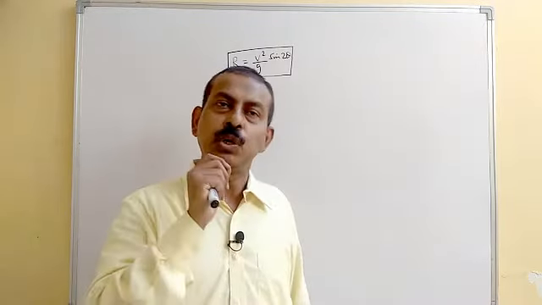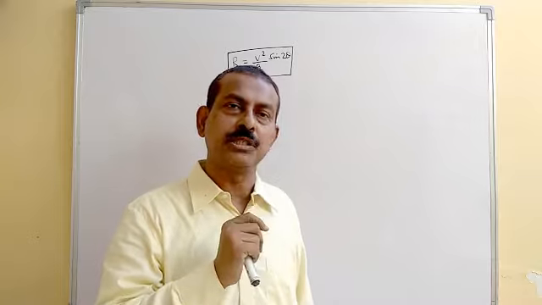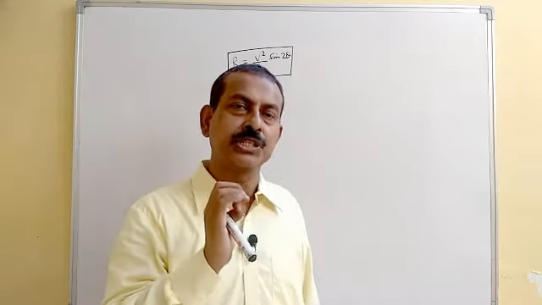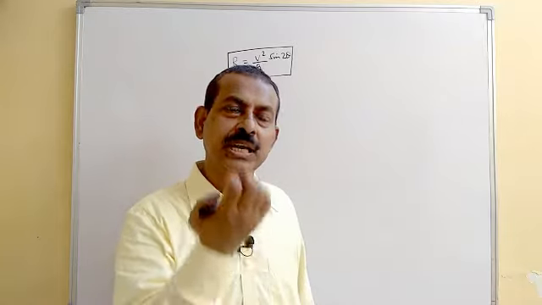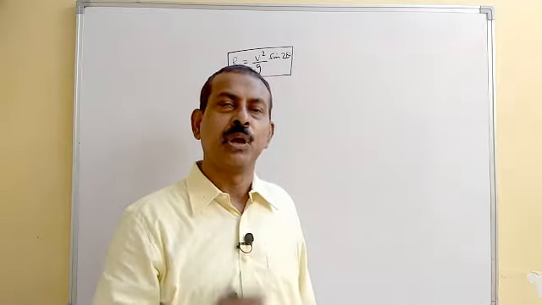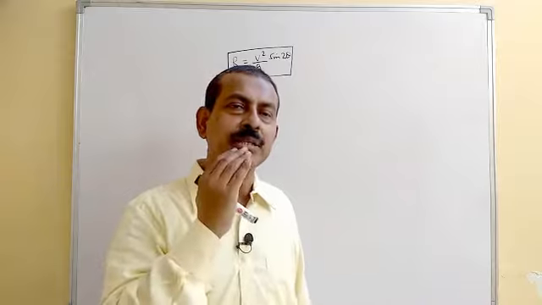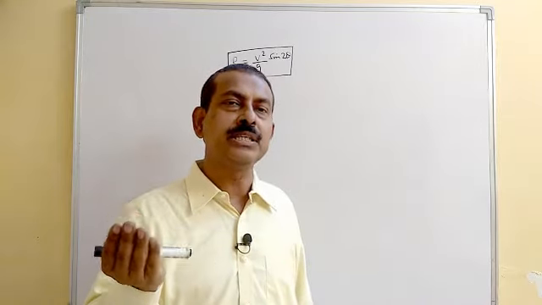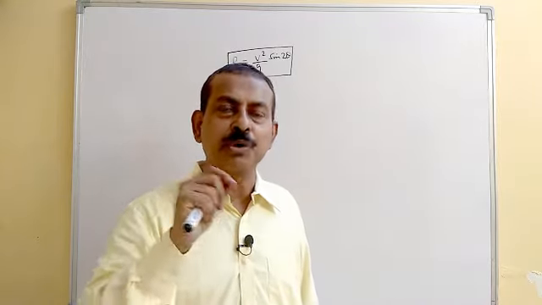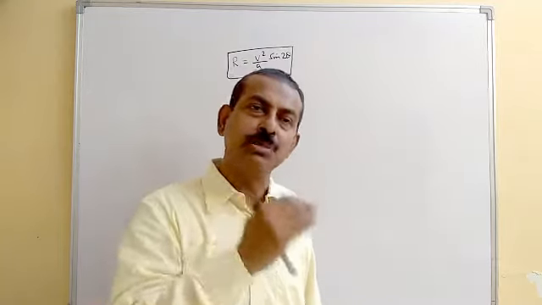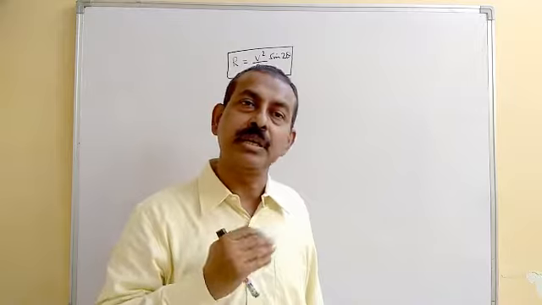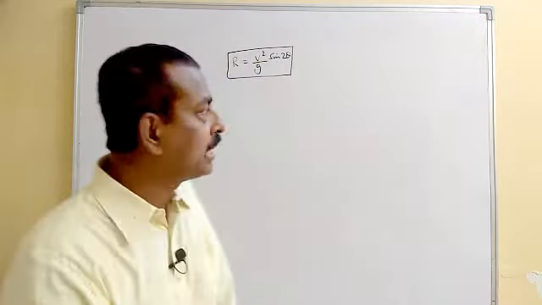That means you are throwing a body at a particular velocity at an angle of projection 45 minus theta, that is theta less than 45. Whatever range you get, you will get the same range when you increase the angle by the same amount from 45 degrees. That means at 45 plus theta also, you will have the same horizontal range. Let's see how we get that.